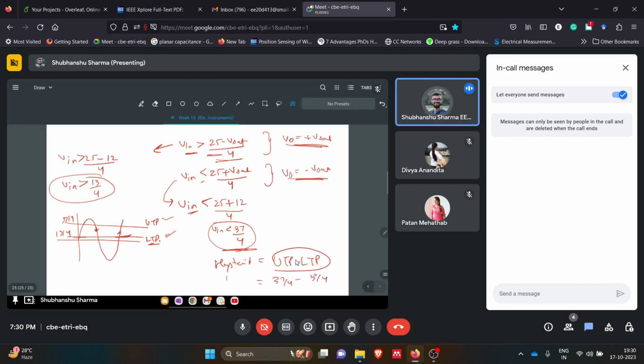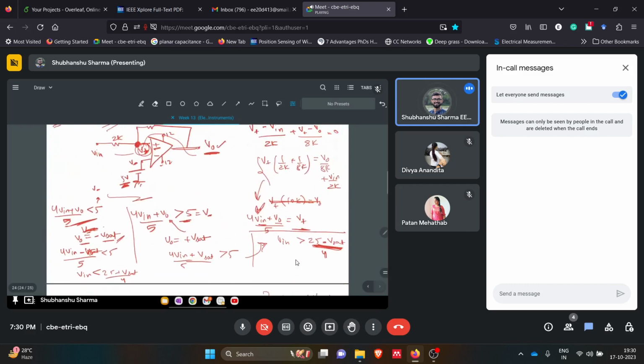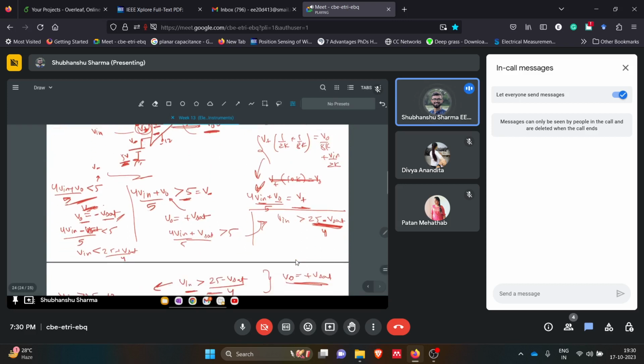This will be the hysteresis band, in which the transition is happening. The important factor to calculate UTP and LTP properly is to correctly compare the non-inverting terminal voltage and the inverting terminal voltage, as I did here.